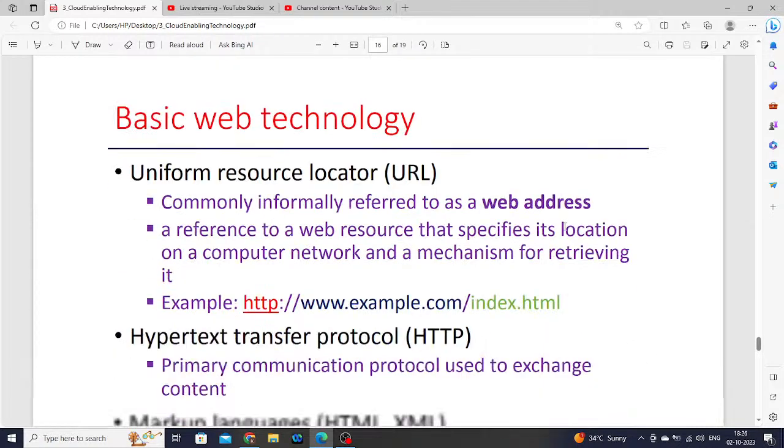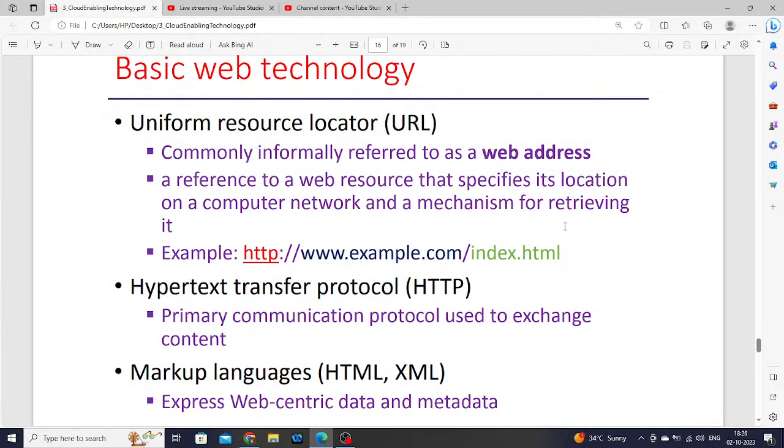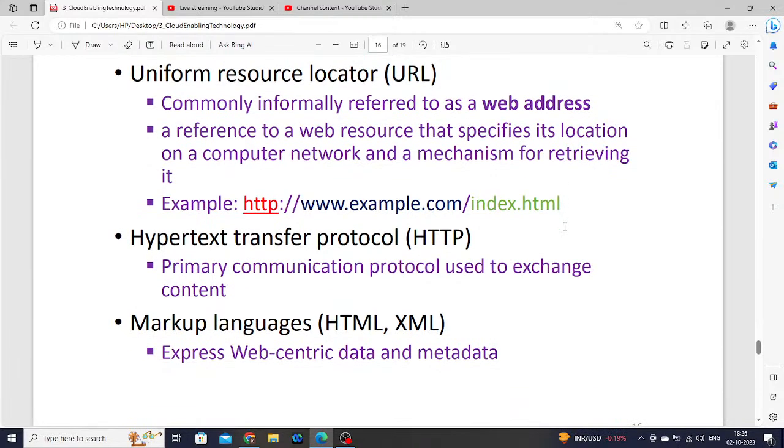Next is basic web technologies, like the uniform resource locator, URL, commonly and informally referred to as a web address. It is a reference to a web resource that specifies its location on a computer network and a mechanism for retrieving it. For example, HTTP is in your URL, the hypertext transfer protocol. As we studied, there are layers like the application layer, where the application layer hosts use HTTP, FTP and SMTP.